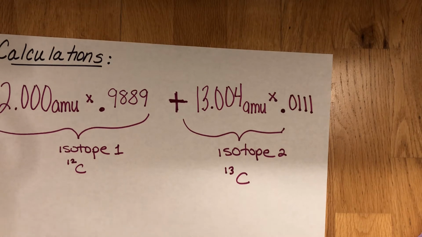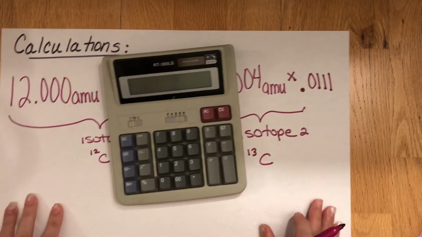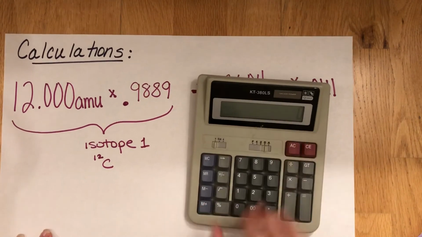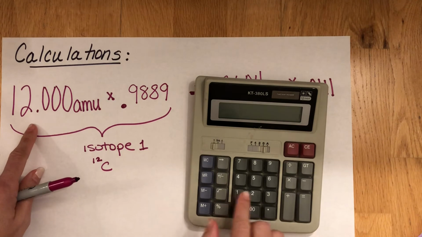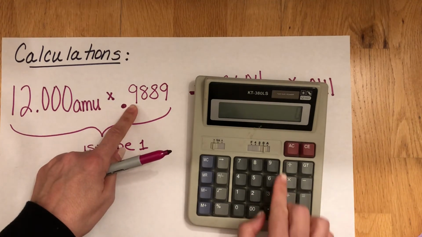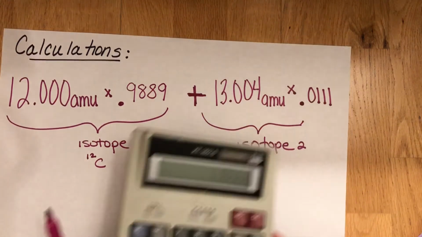And so now all I have to do is take out my handy dandy calculator. Hopefully yours is a little bit more up to date than mine, but definitely not as cool as mine. And do your calculation. So that's 12 times 0.9889 equals, and I've got this long number.